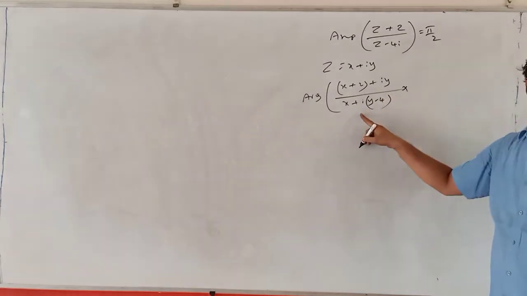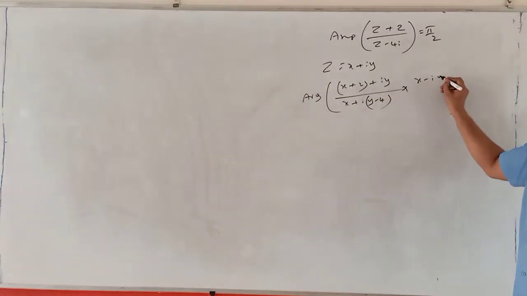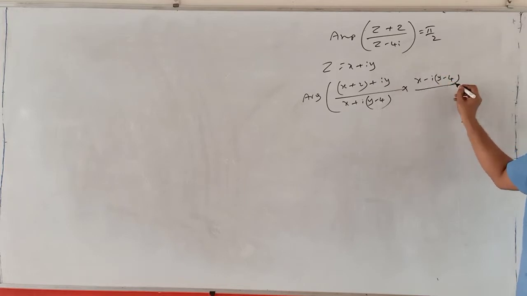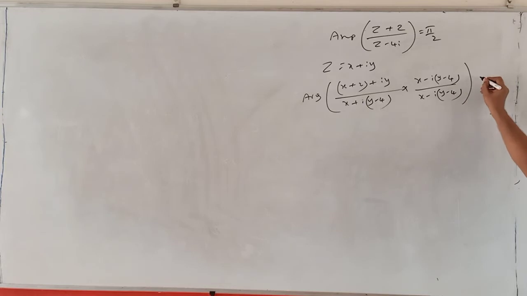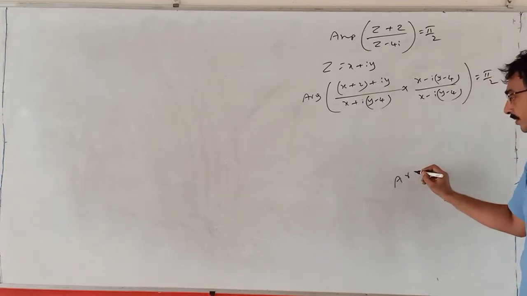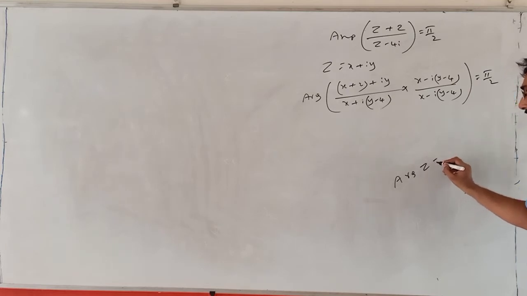Now I rationalize the denominator, multiplying and dividing by (x - iy - 4i). Argument of the complex number equal to 5π/2, that is 90 degrees.